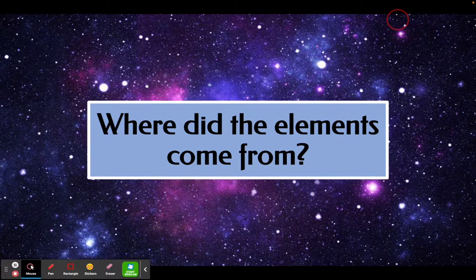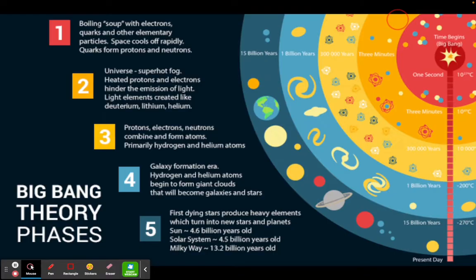All right, so the question is, where did the elements come from? Well, it came from the Big Bang. The Big Bang Theory has multiple phases, depending on how it's divided up. The first phase occurs about a second after the actual bang.